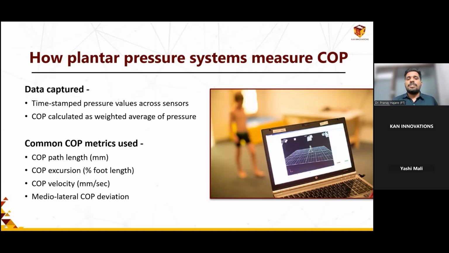Next is center of pressure velocity, which indicates how fast the load transfers. And last but not least, medial-lateral deviation, which reflects balance control and side-to-side stability. So essentially, these parameters convert movement into objective and measurable numbers, transforming observation into quantifiable data.